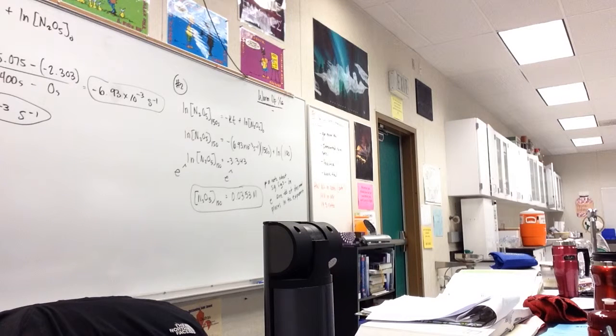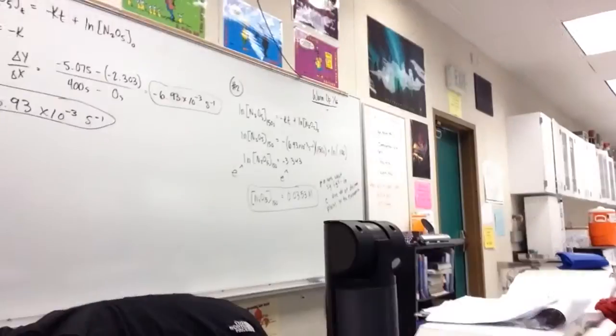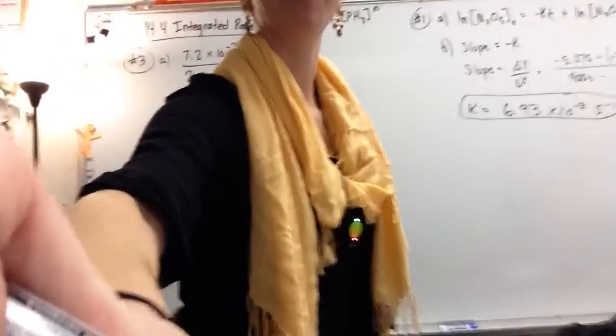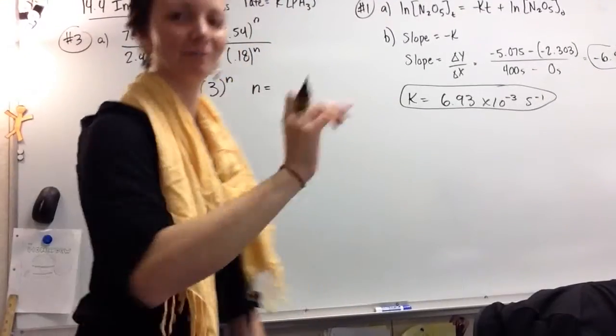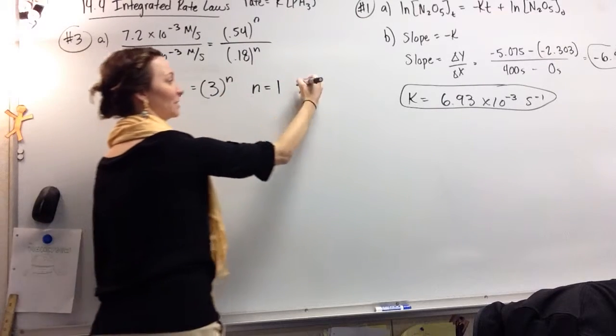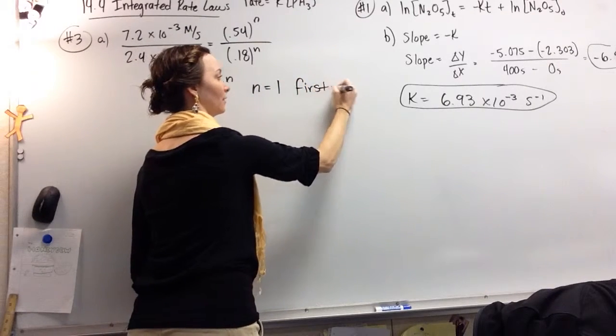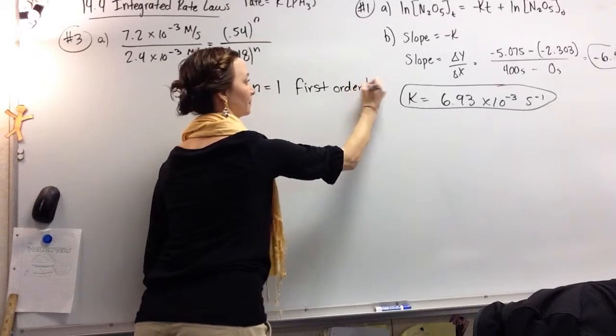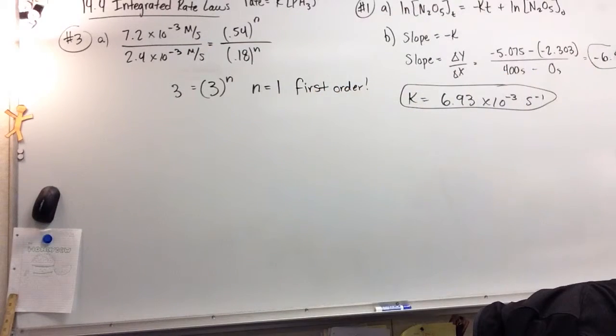So what must n be then? What is it? 1. Hey, look over here. I swear, I feel bad for these YouTube people because they get blank board for like half the class. Okay, so n is 1, so that means we must be a first order reaction. Okay, so now we figured out A.